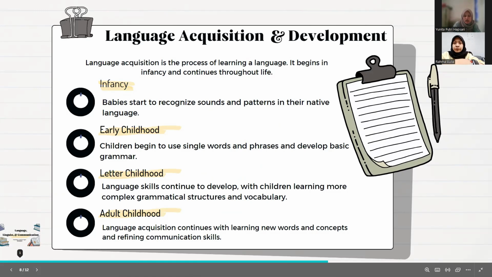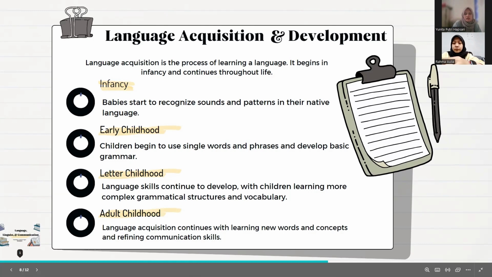And then early childhood, children begin to use single words and phrases and develop basic grammar. And then later childhood, language skills continue to develop with children learning more complex grammatical structures and vocabulary.